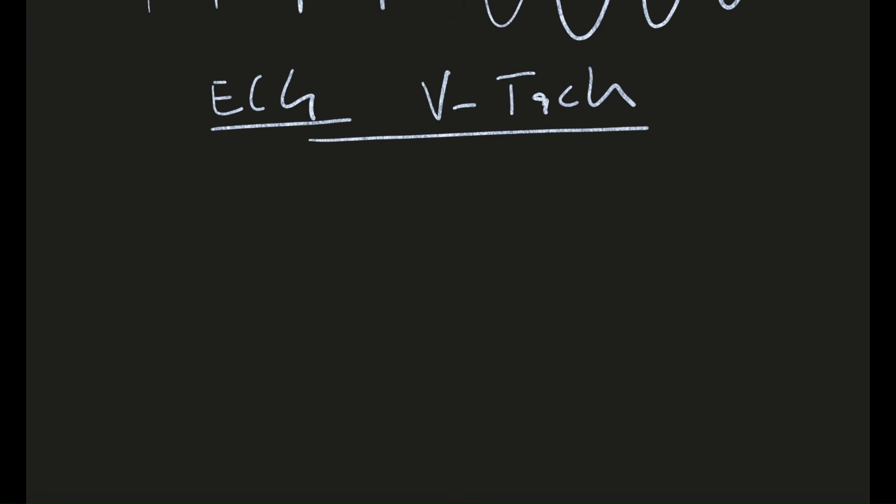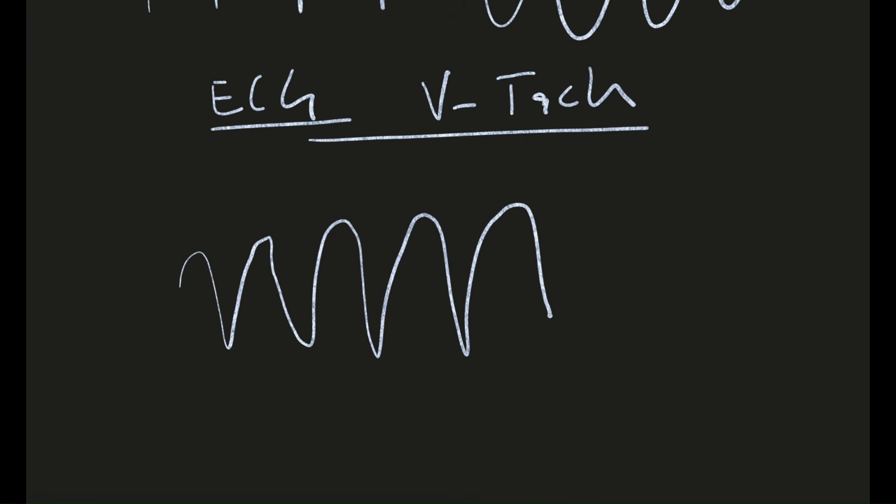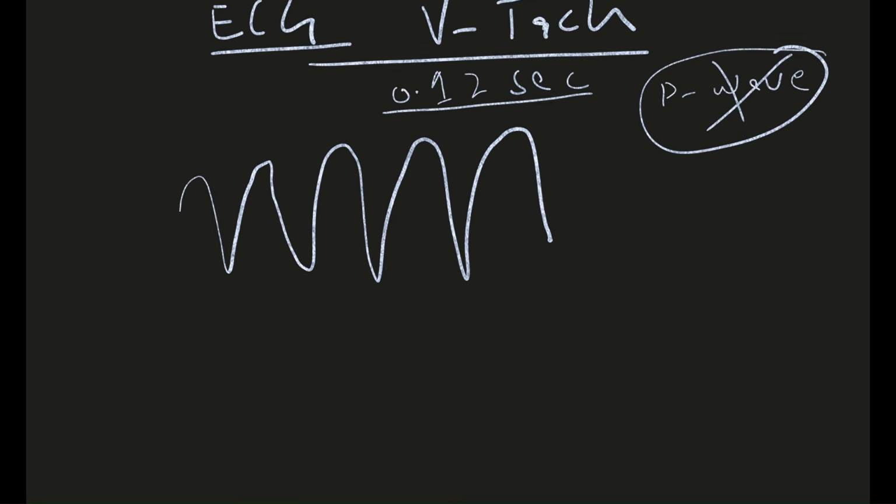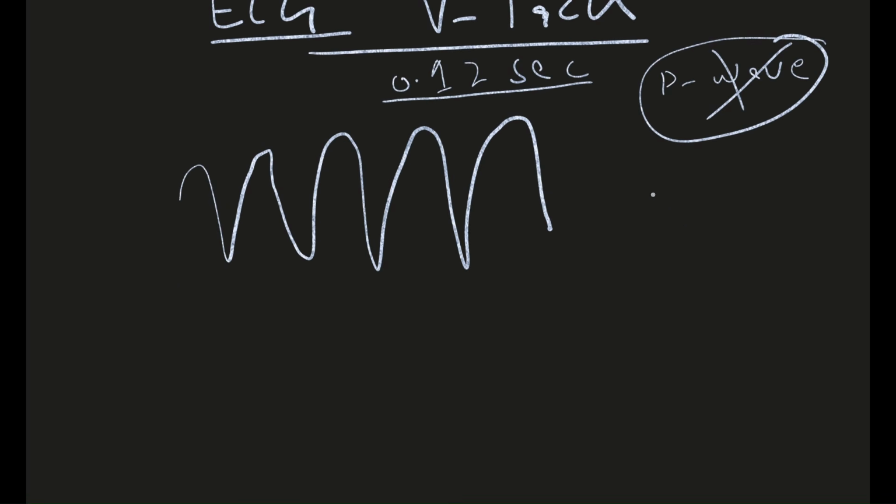To recapitulate once again about ventricular tachycardia, QRS complexes will be wider, more than 0.12 seconds. There will be no definite P waves. P wave is out of question. You won't find P waves in QRS complexes, and they will be regular in one lead.